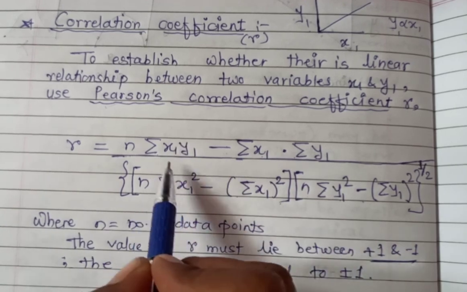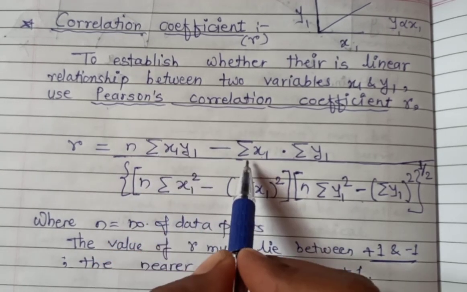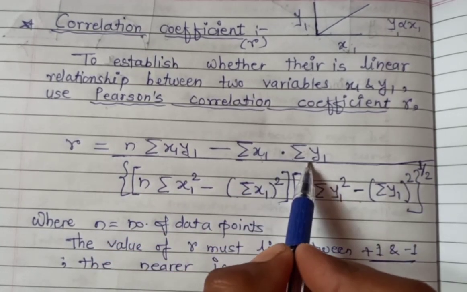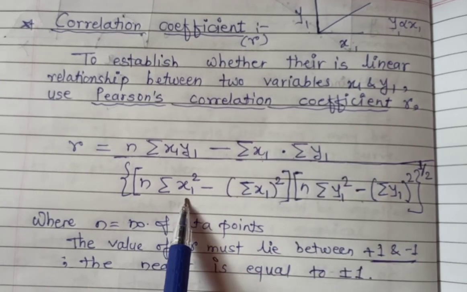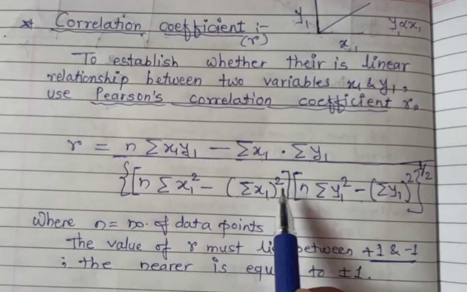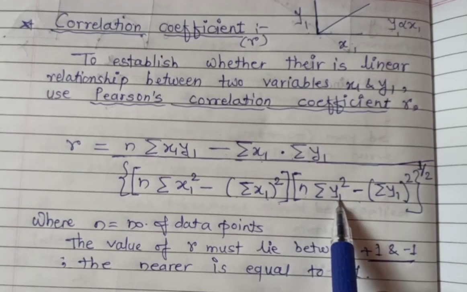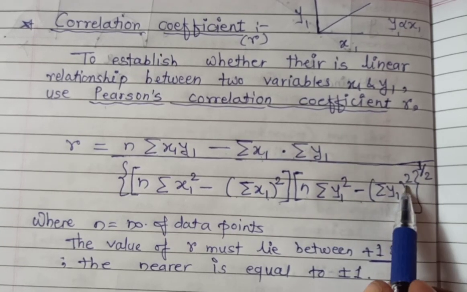Here we have to find summation of x1 y1, summation of x1, summation of y1, summation of x1 squared, summation of x1 whole squared, summation of y1 squared, and summation of y1 whole squared.